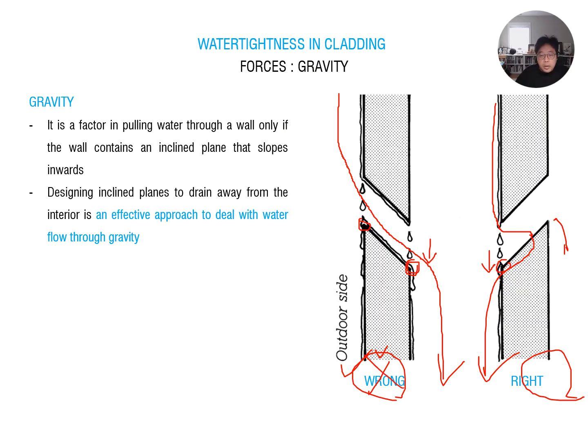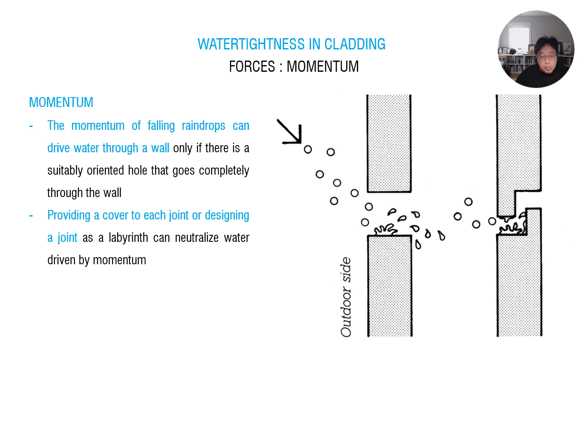Okay, the next one is momentum. Momentum is also considered a force when you design the cladding. When the panel is flat, water gets into the interior space by momentum forces. When water comes in, touches it and is refracted to the other side, that is called momentum.